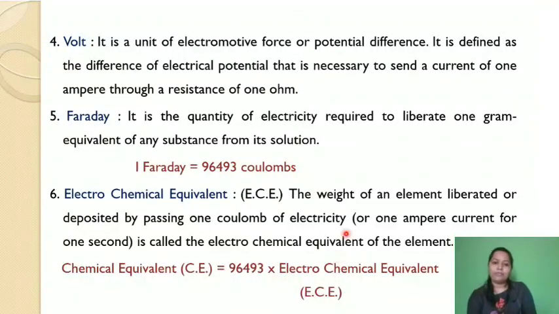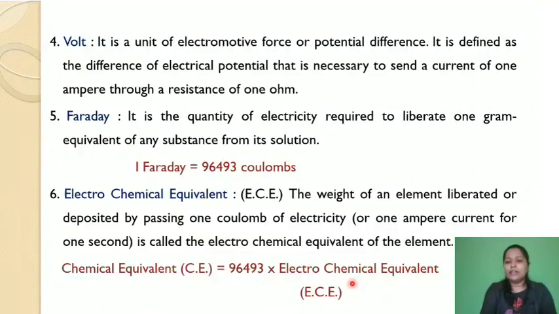When we pass 1 coulomb of electricity through the electrolytic solution, the weight of an element liberated or deposited is called the electrochemical equivalent. So electrochemical equivalent is equal to chemical equivalent divided by 96,493, or chemical equivalent is equal to 96,493 multiplied by electrochemical equivalent. That relation is very important.